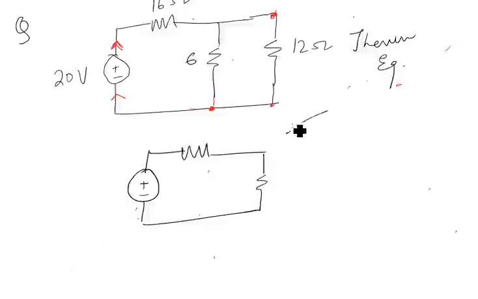Suppose this is my equivalent. Now first of all, I want to calculate the voltage across the 12 ohm resistance. From the previous method, it was 12 I2.